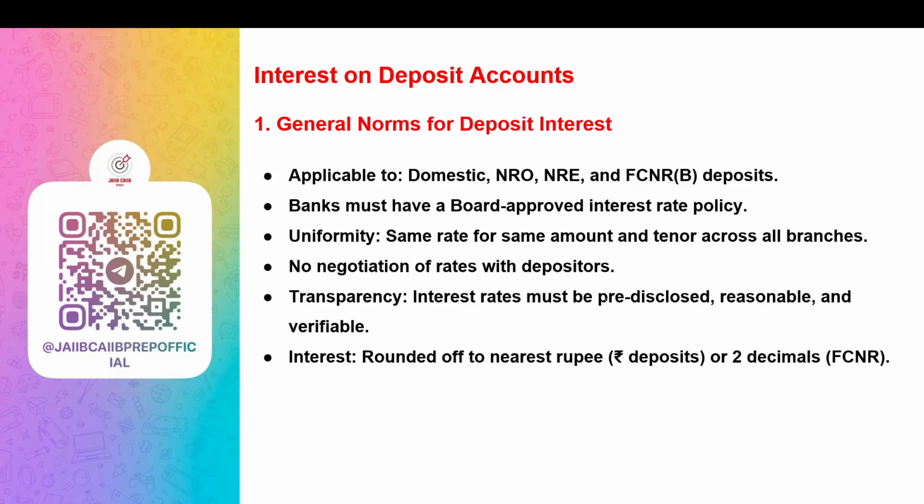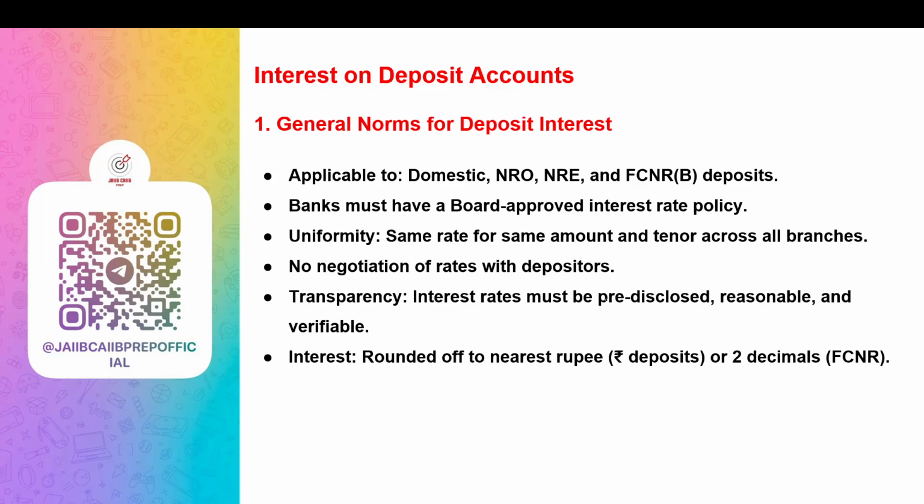There should not be any kind of discrimination or favoritism. The bank must inform customers about their interest rates in advance. These rates must be recorded in the core banking system for inspection. Banks are not allowed to negotiate or bargain interest rates with customers. Rates must be reasonable, consistent, and open for inspection by regulators.